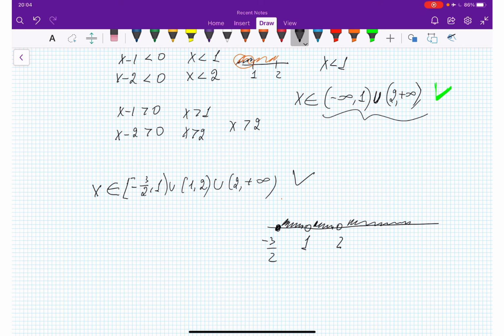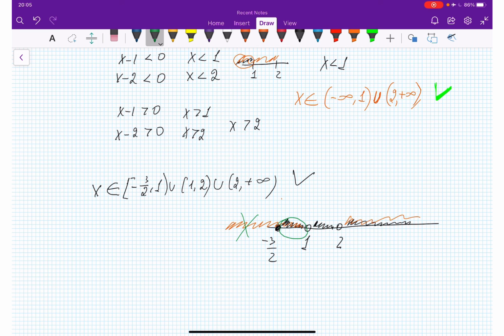Now for this one, let me change the color, and I color with the same color on the graph so you can see. Between negative infinity and 1, right? And what we have, 2 and positive infinity. 2 and positive infinity is matching, but this piece is going to be common: negative 3 over 2 and 1, yes?